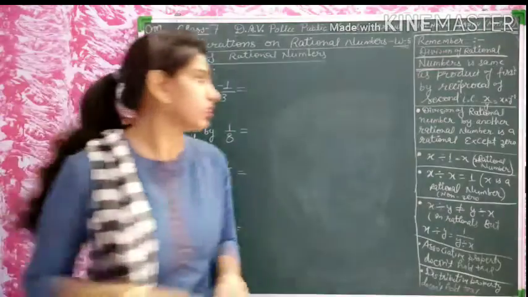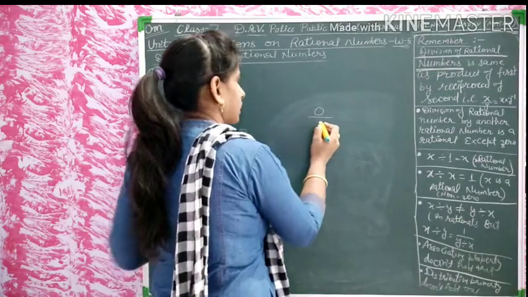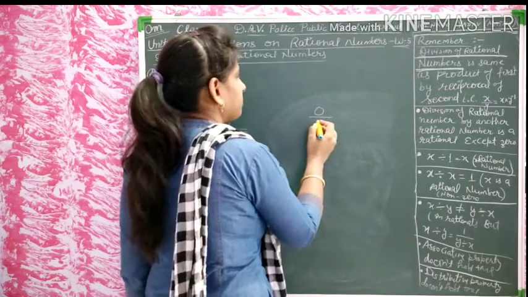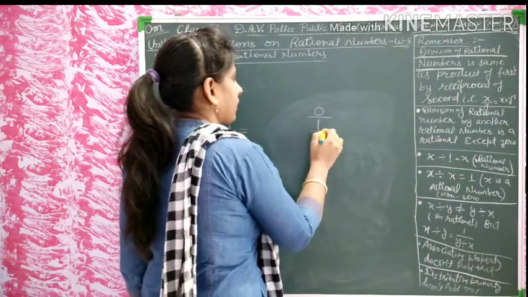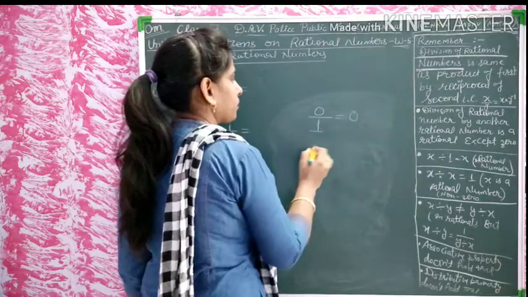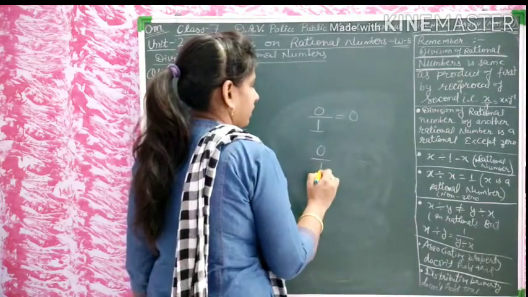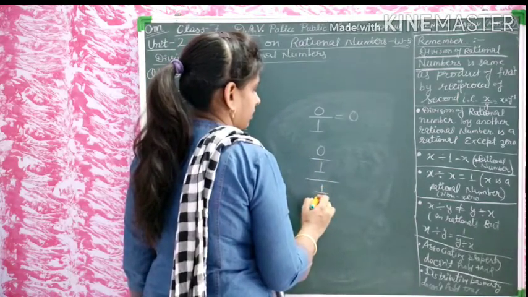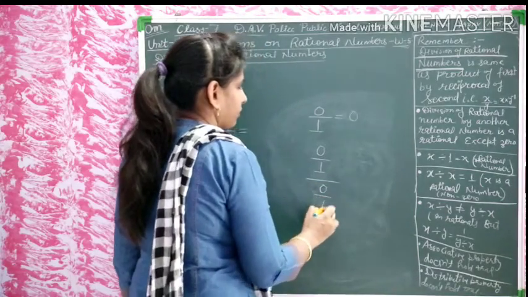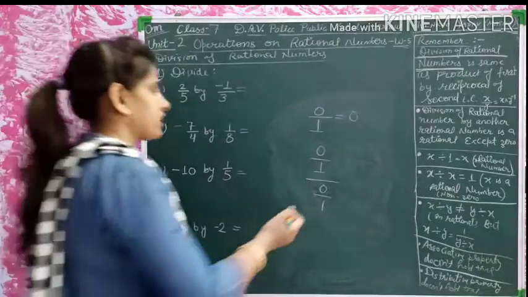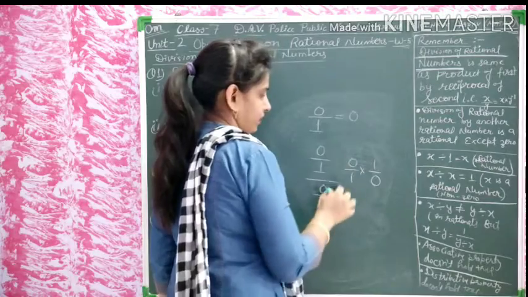Let's see. If we have the number 0 and divide it by 1, it is equal to 0. 0 divided by 1 is the same as 0 by 1 into 1 by 0.